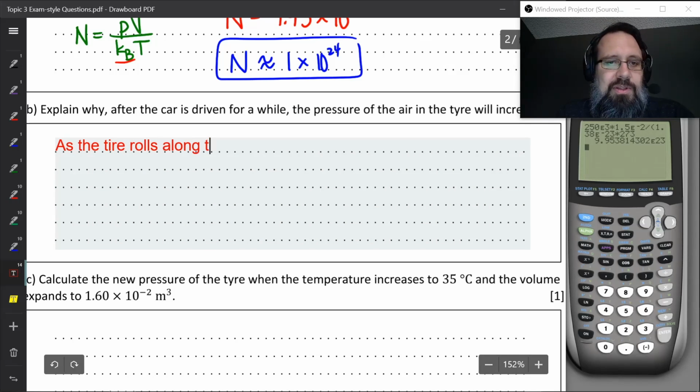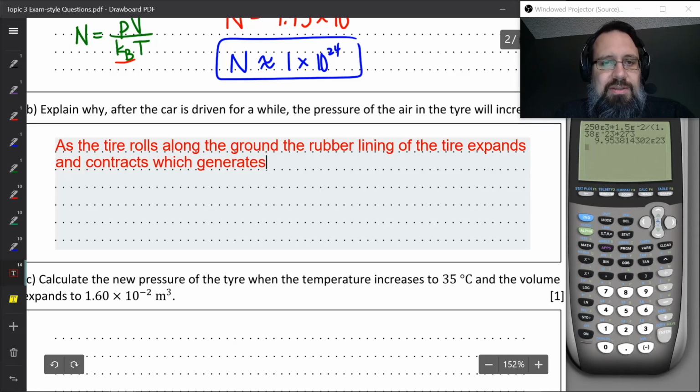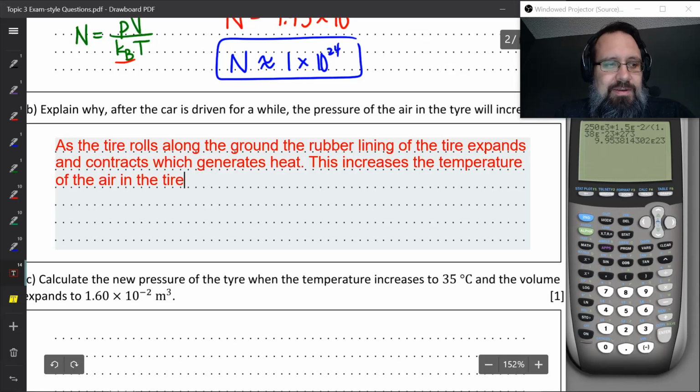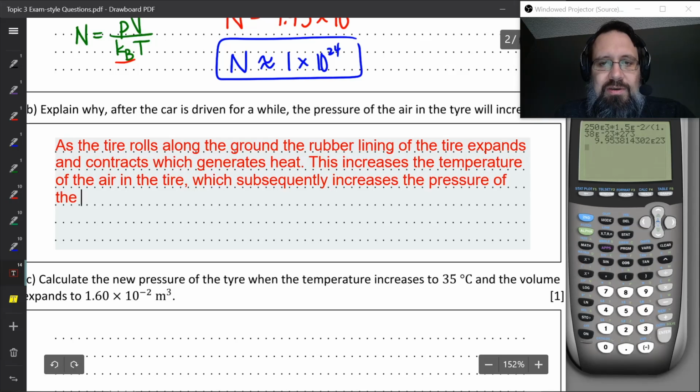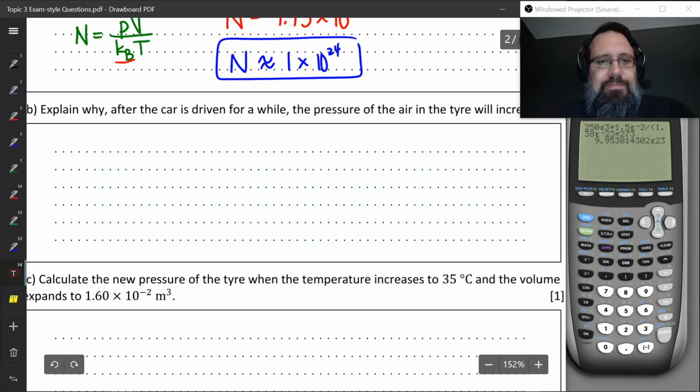As the tire rolls along the ground, the rubber lining of the tire expands and contracts, which generates heat. This increases the temperature of the air in the tire, which subsequently increases the pressure of the air in the tire.